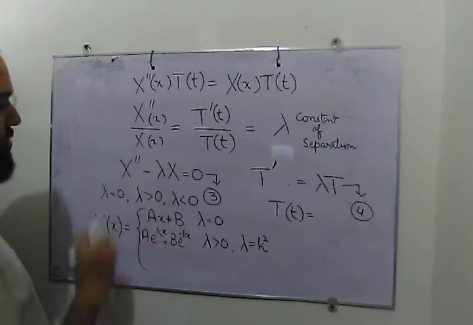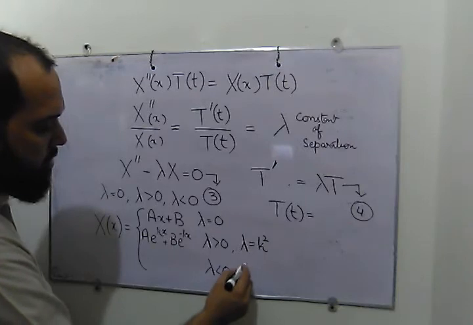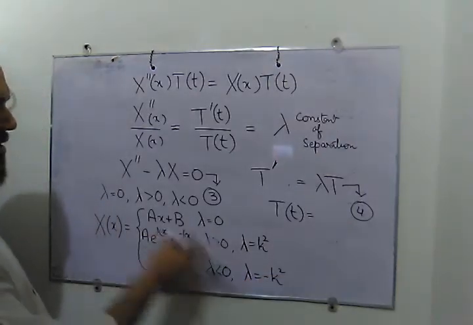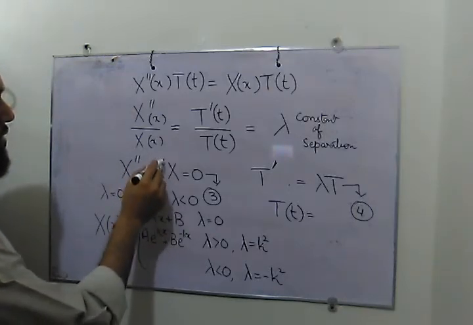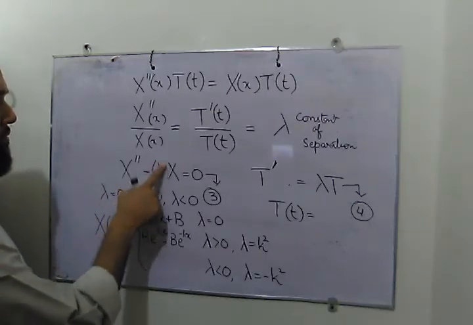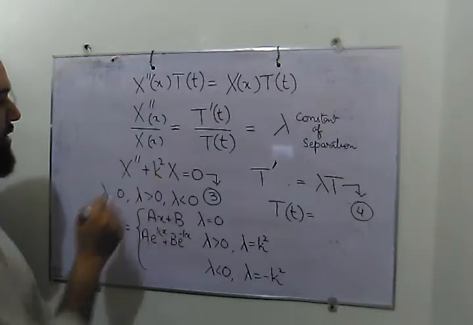That was the original equation. Now if we put lambda less than 0, or lambda is equal to minus k square, then if we put lambda equal to minus k square here, the equation will become X double dash plus k square X equal to 0.